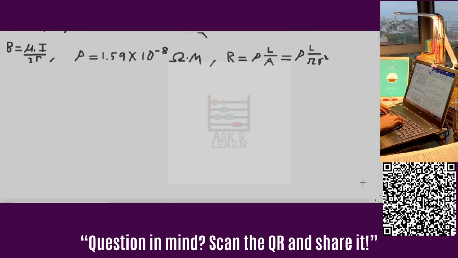So let's go back to where we were. We have B, now we have R. We need an equation that relates V and R, which we do know. We know that V is equal to IR, but we can rearrange that.